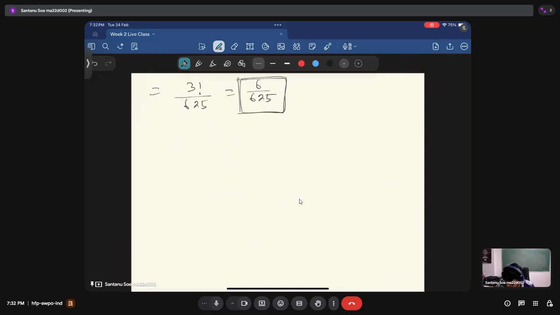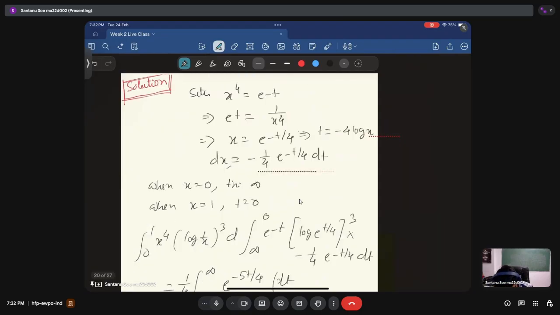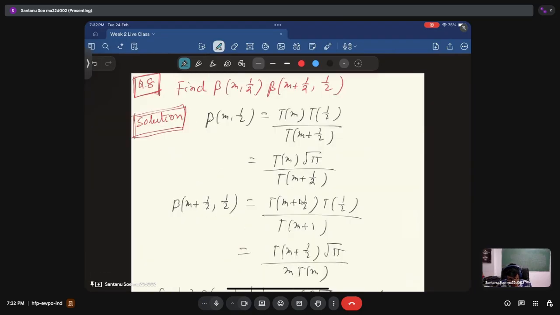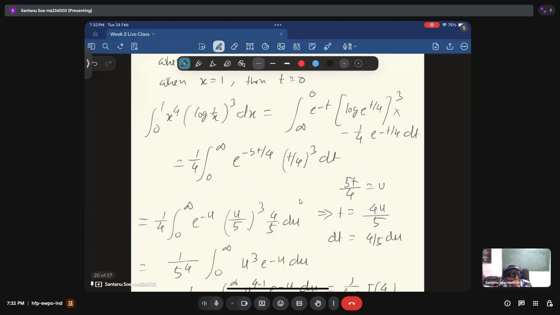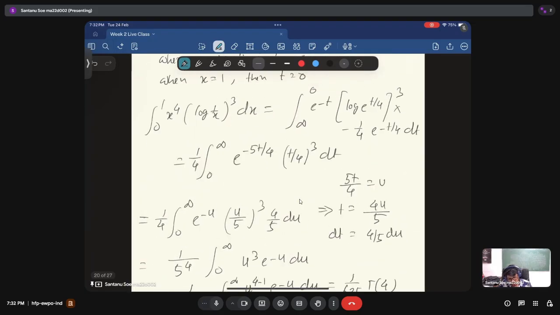Okay, so I hope this is clear now. So basically you have to substitute x to the power 4 by exponential of minus t, and then you have to write x in terms of t. Then you have to find the dx, and if you substitute all the values, then it will change into the integral 1 by 4, 0 to infinity, exponential minus of 5t by 4, (t by 4) whole cube dt.